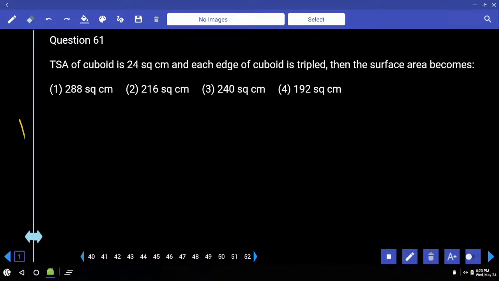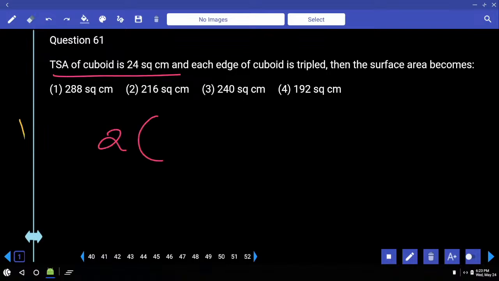TSE of a cuboid is 24 square centimeter and each edge is tripled. Then the surface area becomes, what is the formula for surface area of a cube? 6a square. Cuboid is 24 square centimeter. Each edge of cuboid is tripled.